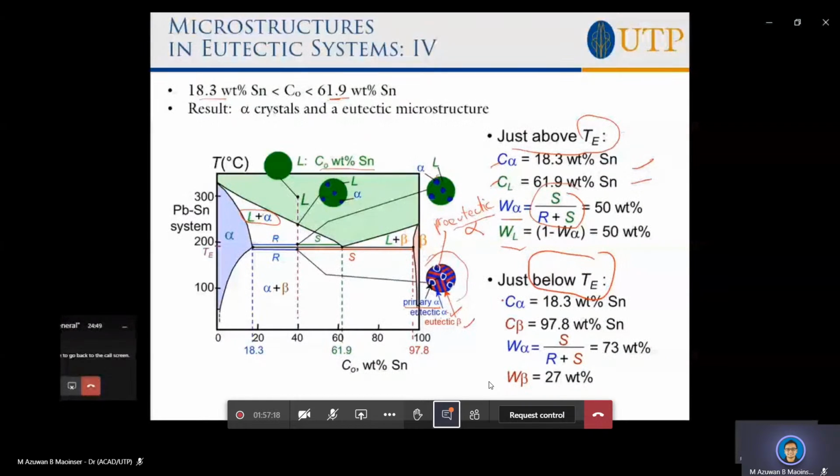So it will give you the amount of alpha and beta. Over here will give you amount of alpha and liquid. But the alpha that you calculate here would be referring to the primary alpha or the pro-eutectic alpha.